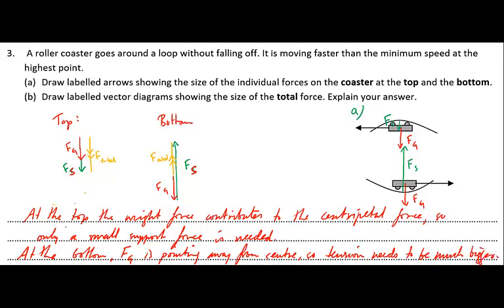Okay, so basically this shows that this situation is asymmetrical, and that's because the weight force is always pointing downwards, but the centripetal force always needs to be towards the center of the circle.